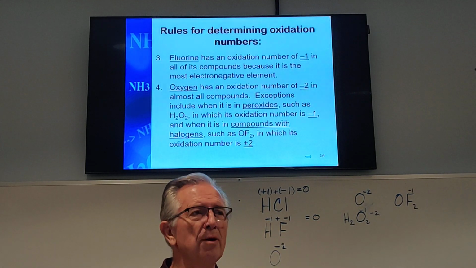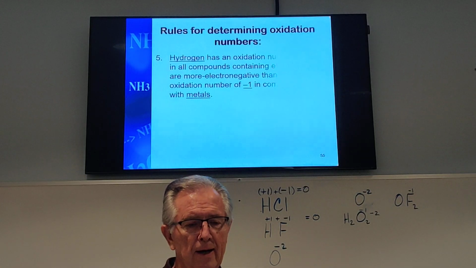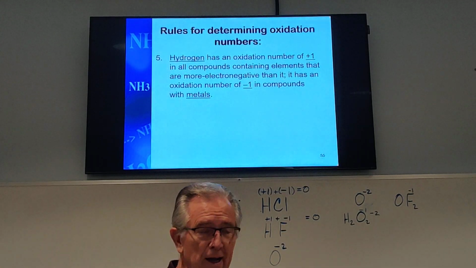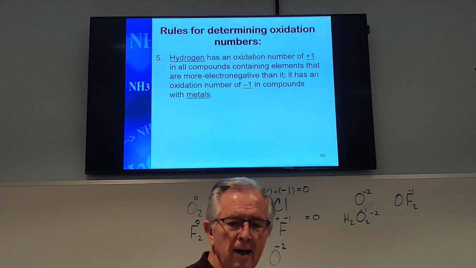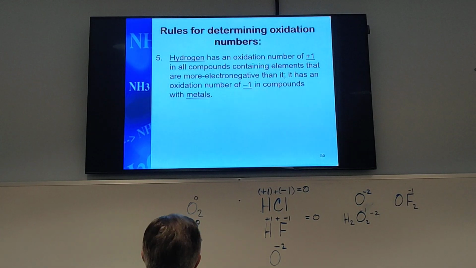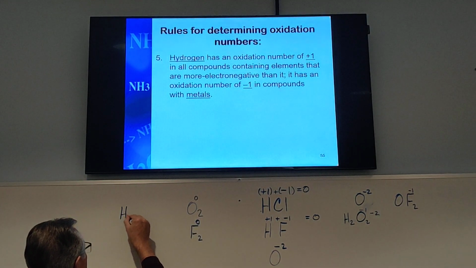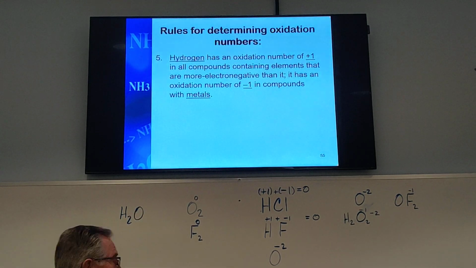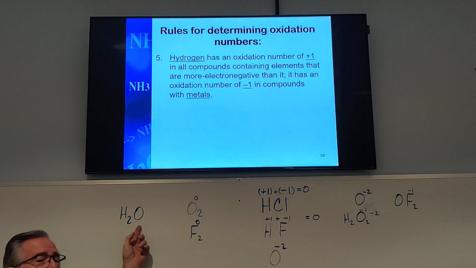Okay, so oxygen's almost always going to be -2. Fluorine is always -1. Hydrogen, another element that happens quite often. Remember we were talking about all the acids yesterday. Hydrogen is almost always going to be +1. So for instance, in H2O, in water, here's oxygen.